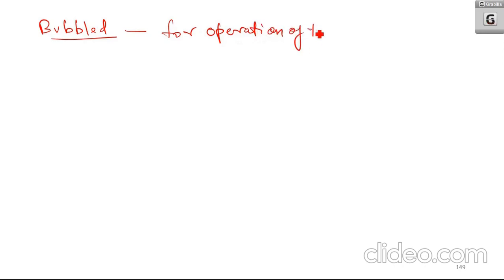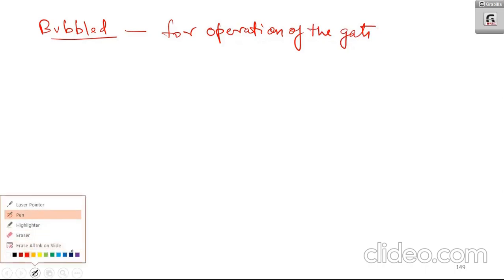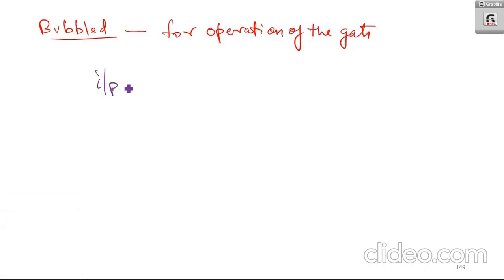So coming into bubbled, what is the word meaning of bubbled? Okay. Basically, bubbled means for the operation of the gate, that means inputs are complemented and then given to the gate.